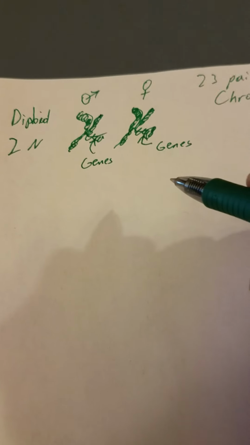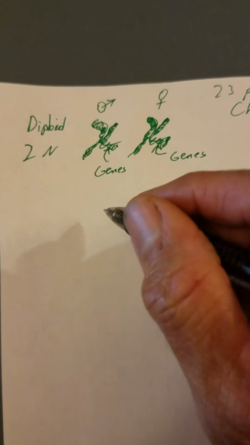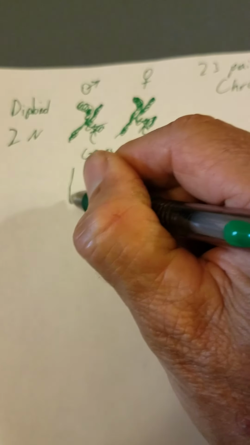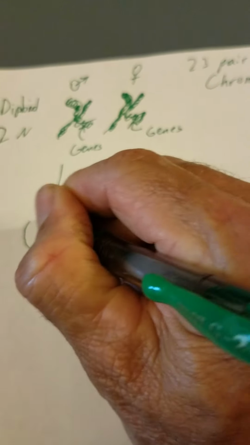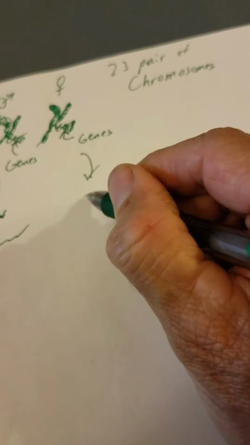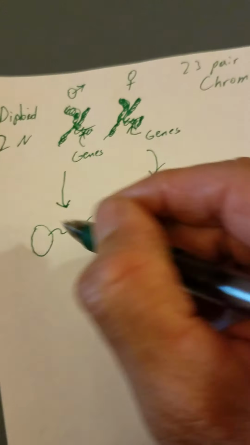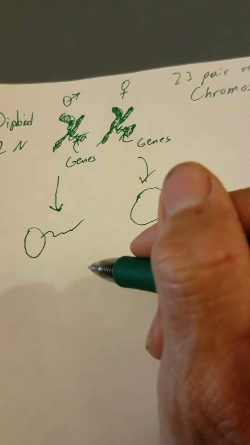All right, so when you make your gametes and you get ready to breed your offspring, the male gametes are going to be the sperm, and the female gametes, we know, are going to be the egg. The egg's a whole lot bigger than the sperm. And these, through meiosis, we cut down on half of the chromosomes.